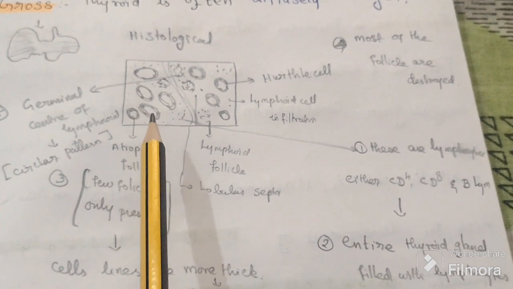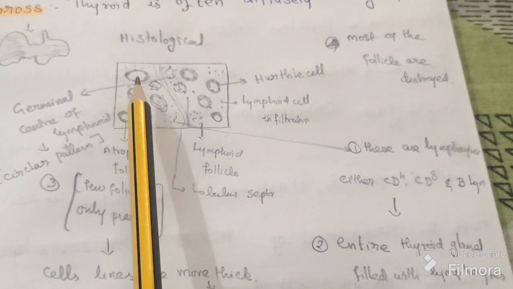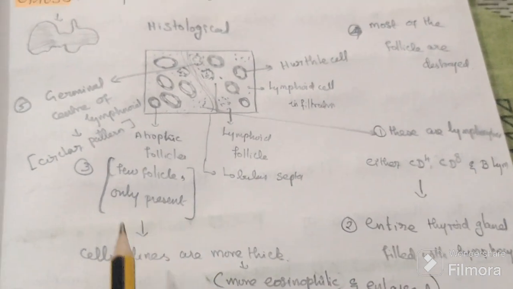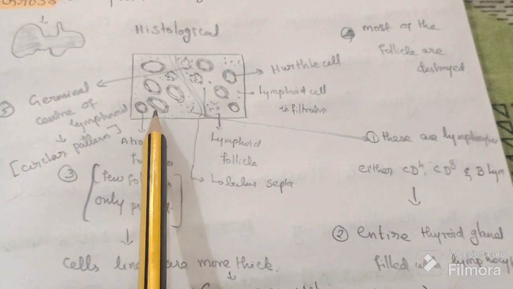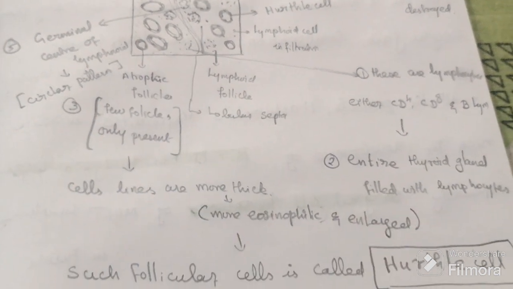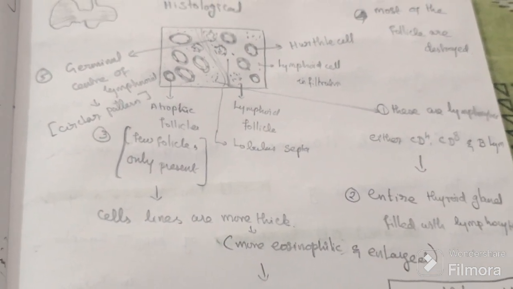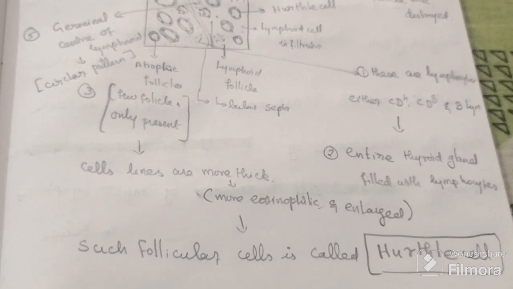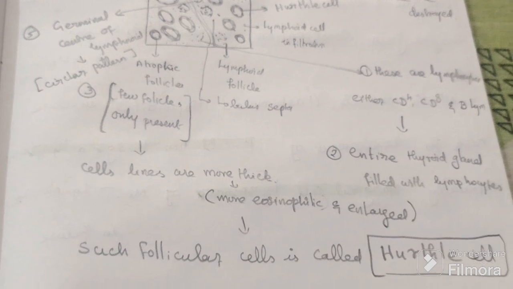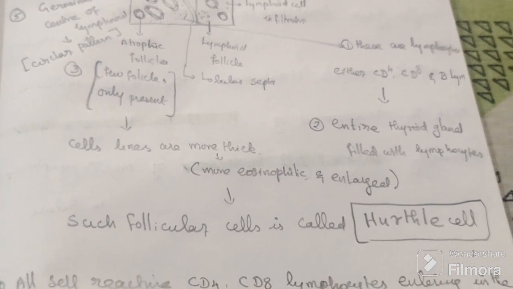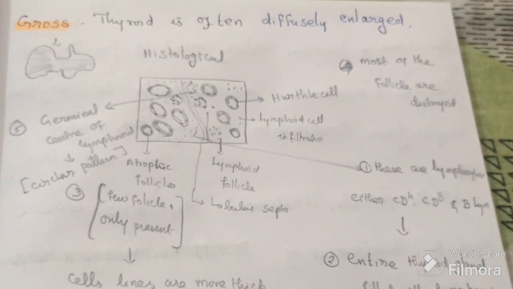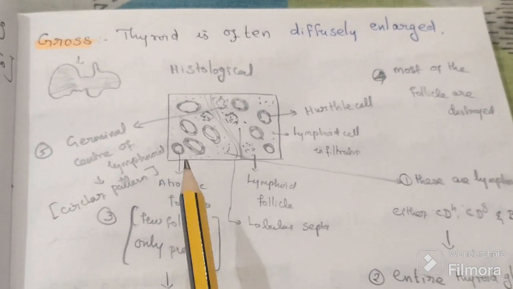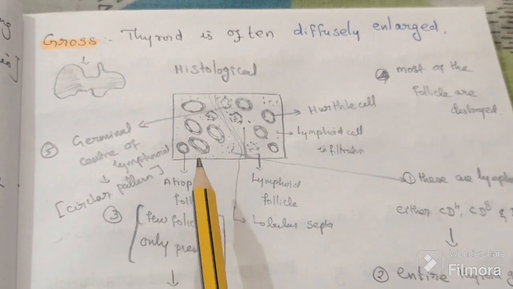We know follicles are destroyed, only a few follicles are present. Those few follicles also have cell lining that becomes thicker, more eosinophilic, and enlarged. Such a follicular cell is known as Hurthle cell. Most of those follicles are destroyed, few only present, and those also thick.